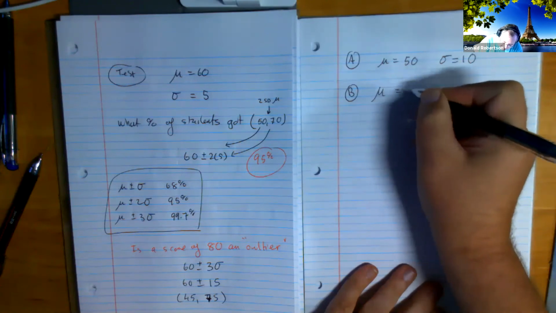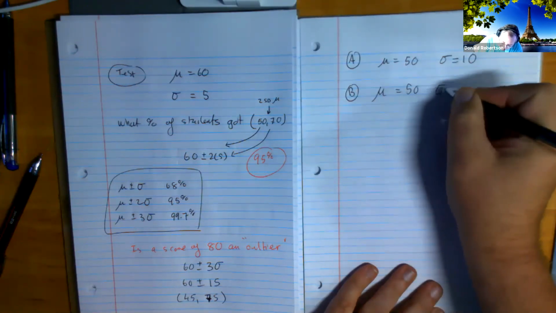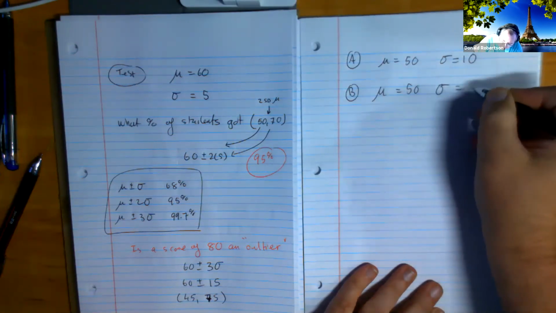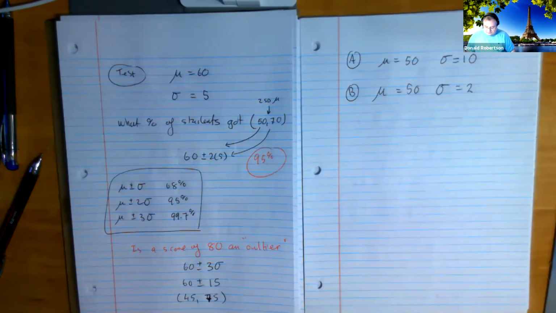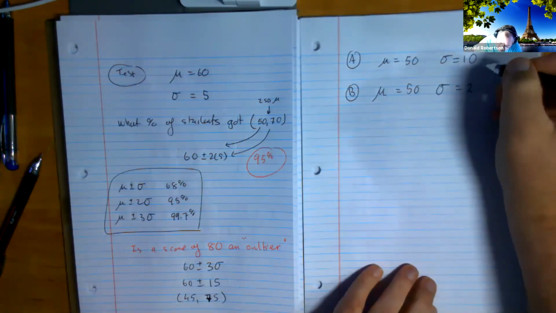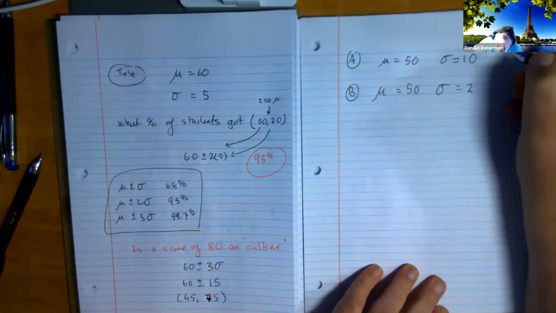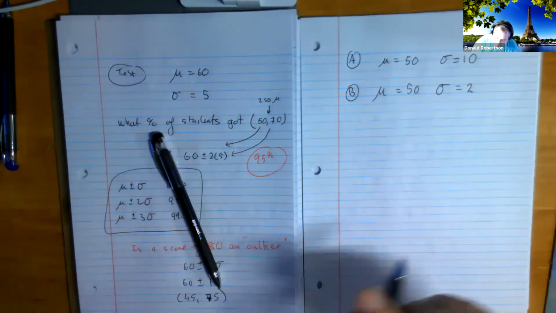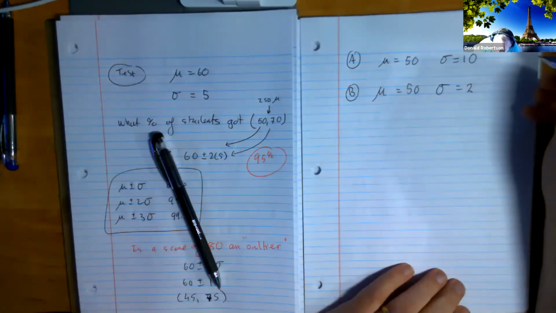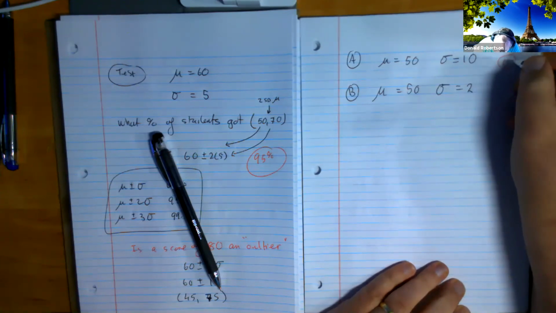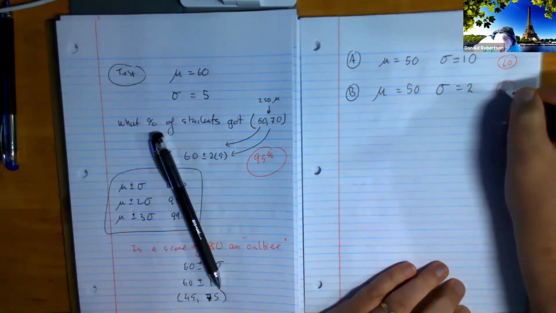And in Class B, the average was 50, but the standard deviation was 2. And let's suppose in each of these classes, there was a student who got exactly the same score. Could happen. This student got 60, and so did this.